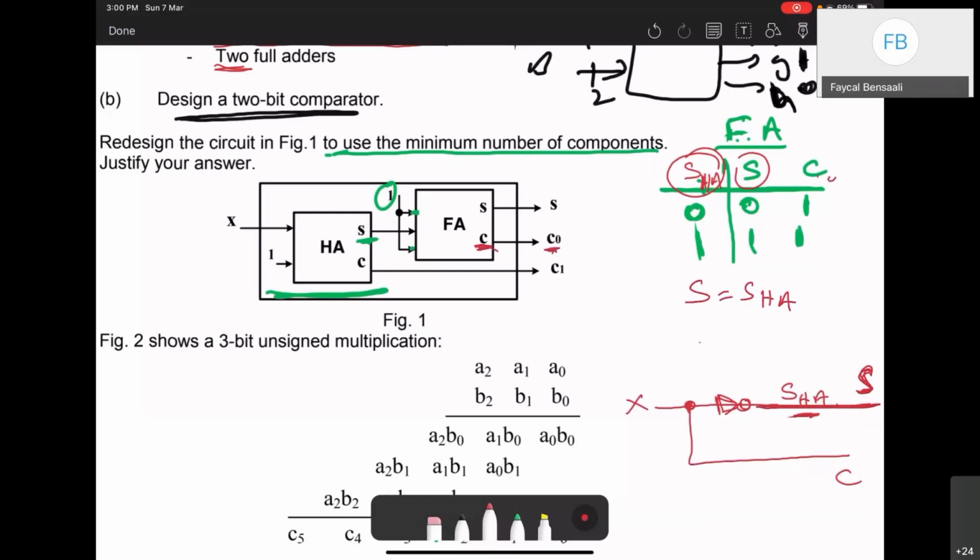So I should use C0 here. It's the same one, yeah? So it's always 1. And this is C1 from the previous one. So just this one is always 1, and this is my CO, and that's it. So basically all this is just an inverter, and the rest are just wires.